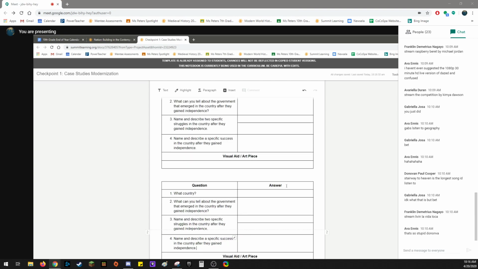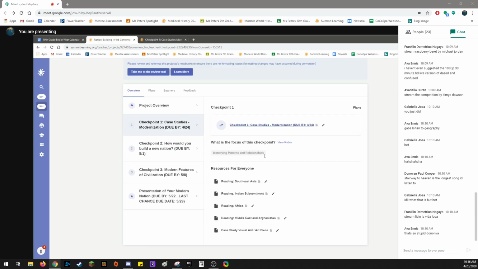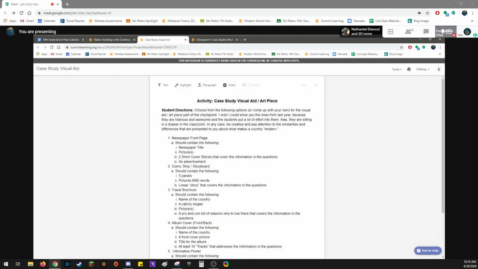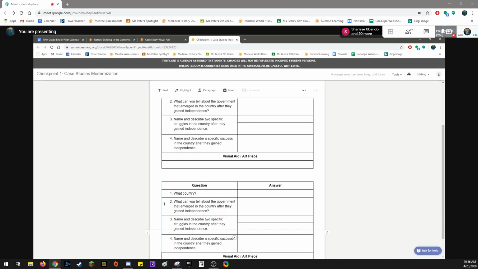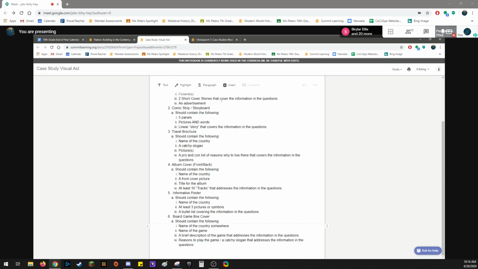And then the other part is the visual aid piece. Again, that's in the directions over here. It's just to pick something that goes along with the information that you found in your reading. However you want to visually represent that is totally fine.